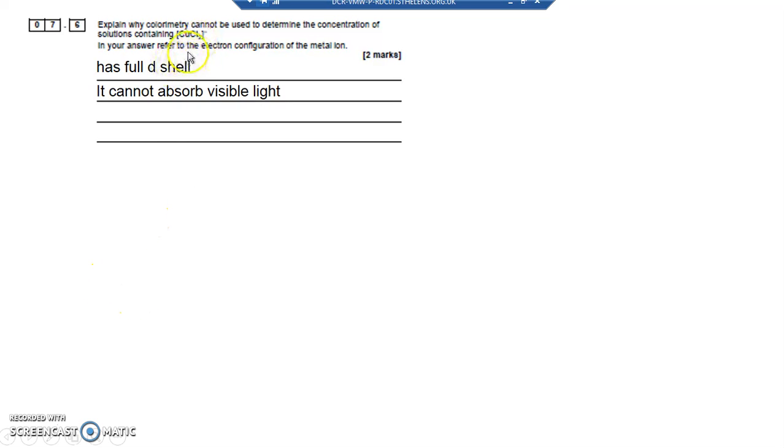This must have a full d shell because it's not absorbing any light, it's not turning into a coloured ion. So colorimetry, which is measuring the colour of the solution, cannot be used to determine the concentration, how much colour is in this solution. This solution must be colourless, and the reason it's colourless is because it's got a full d shell that cannot absorb visible light.